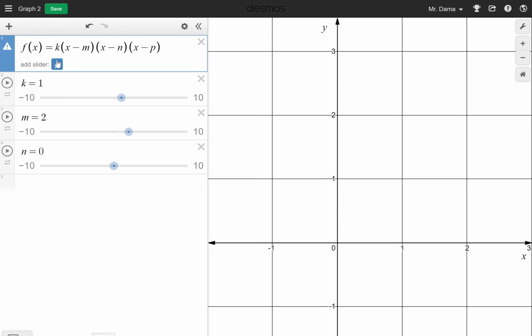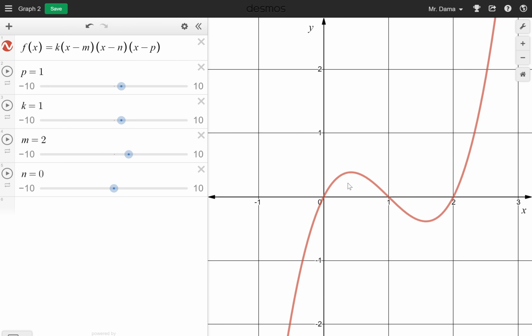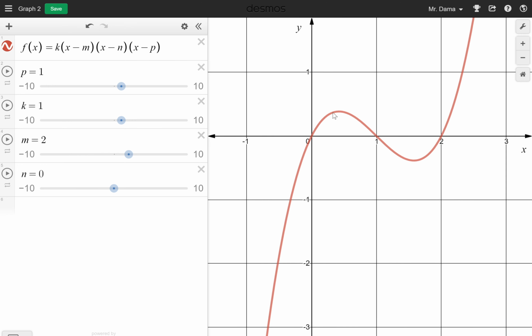And so it will make a cubic. Look at this crazy looking function. It starts at the bottom, goes up a little bit. It's not a sine wave, John, it's a cubic. Starts at the bottom, goes up a little bit, comes down, goes up a bit. And can you notice that these are your 3 roots?